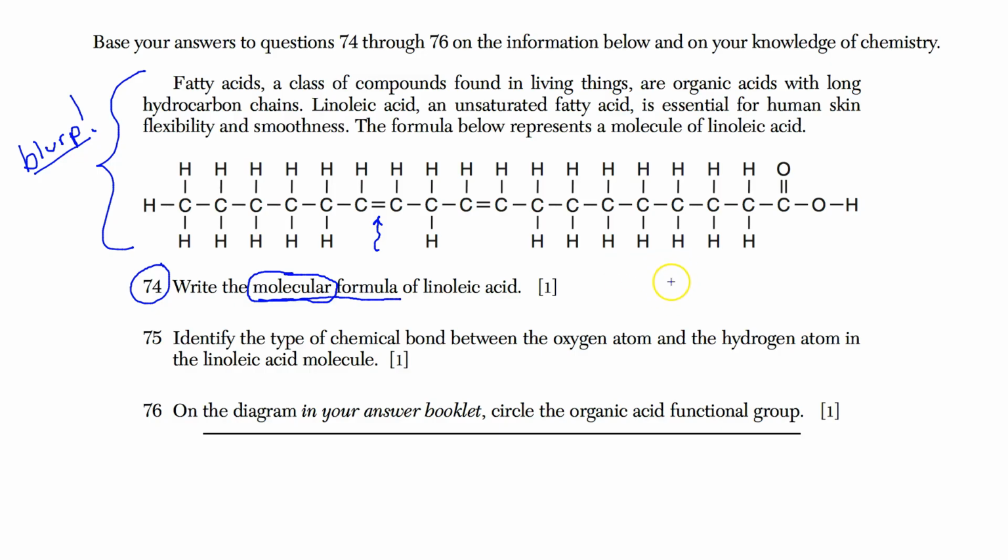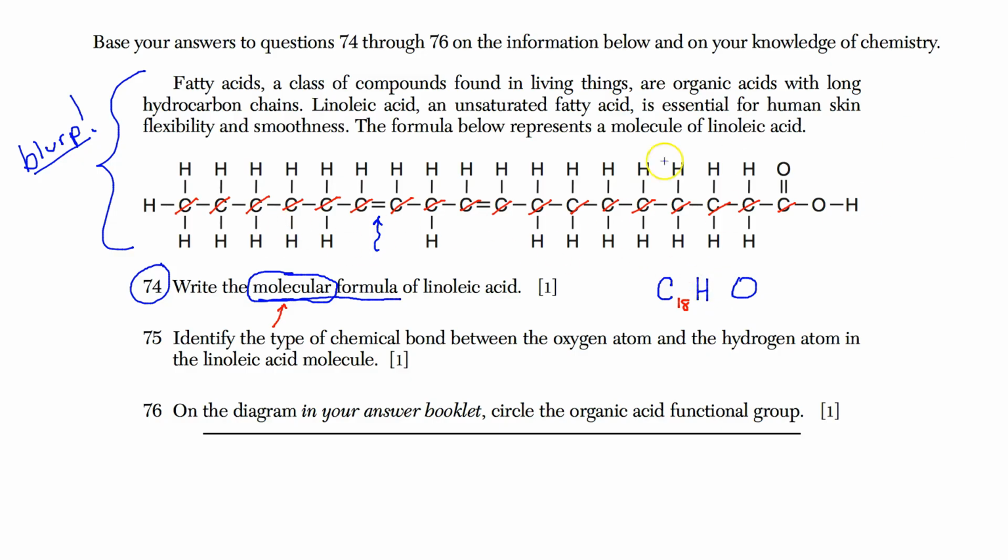So usually in hydrocarbons, we go carbon first, then we have the hydrogens, and then we have the oxygens. Okay, so we're going to count. All right, so I'm going to cross. This is 1, 2, 3, 4, 5, 6, 7, 8, 9, 10, 11, 12, 13, 14, 15, 16, 17, 18. So it is C18. It's not based on structure, it's just on the number of each different type of nonmetal in this molecule.